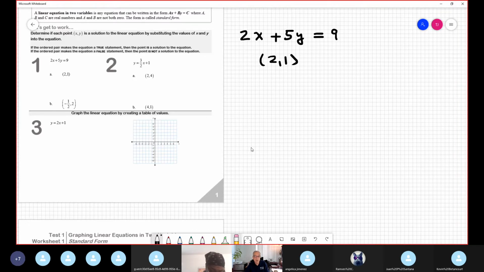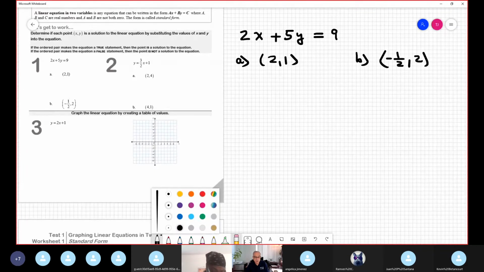Bueno, two points are given, A and B. B is negative 1/2, 2. Entonces I need to determine if this ordered pair satisfies this equation or not. So, it belongs, it's on the line, or it's off the line.